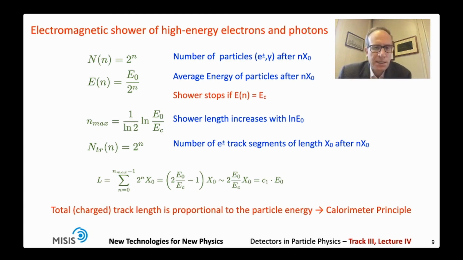If you sum up these quantities, which is 2 to the power of n, you end up with this well-known formula: if your initial energy is much higher than the critical energy, this is about twice the ratio between the initial energy and the critical energy times the radiation length, which means that the total track length is proportional to the incoming energy.